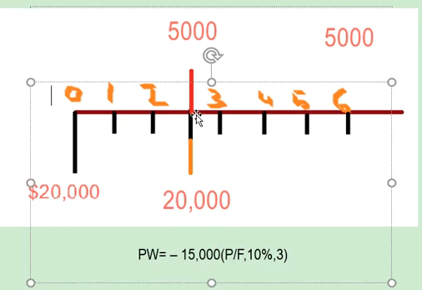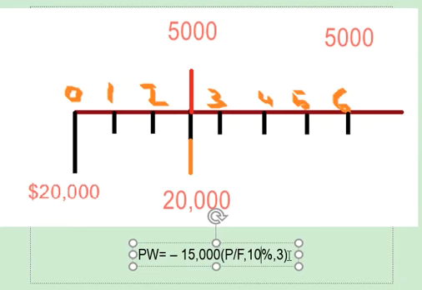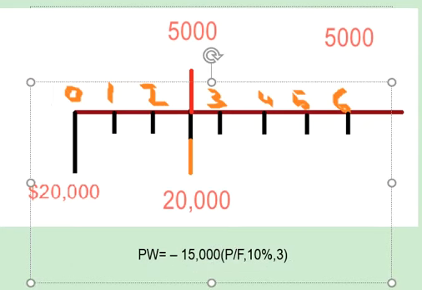That's it, isn't it? So I took this $15,000 and I transferred it into P. Then I said, you know what? I don't want it in P. I need it in annual. So how am I gonna transfer my money from the present into annual? They said, okay, let's assume this is, I don't know how much it is.